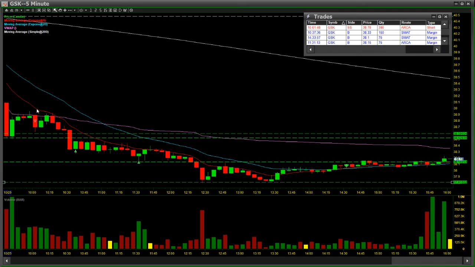The 9 was close enough that I would use the 9 versus the VWAP, which is why I said the 9 moving average. I expected this to come back and immediately test this 38.50 level.